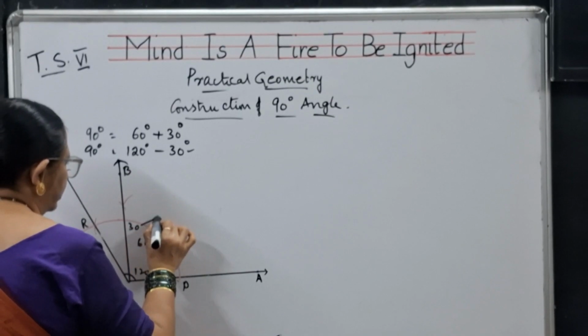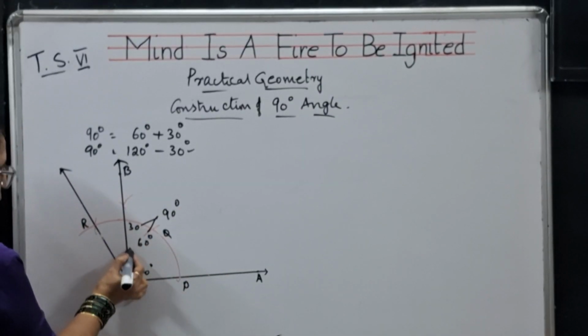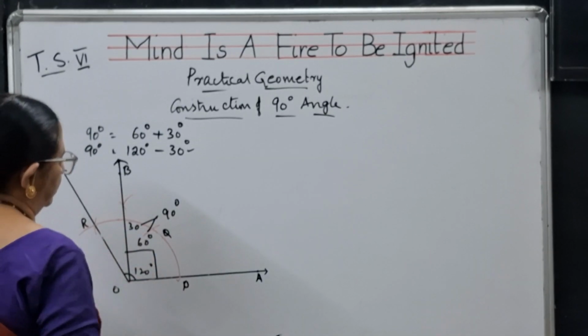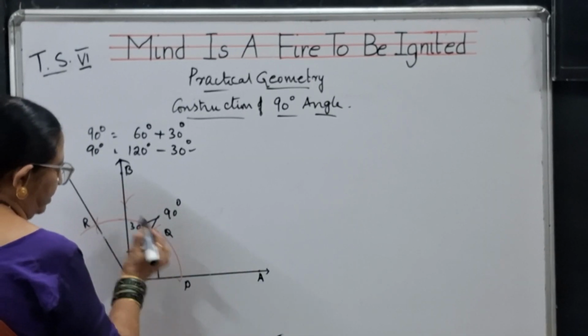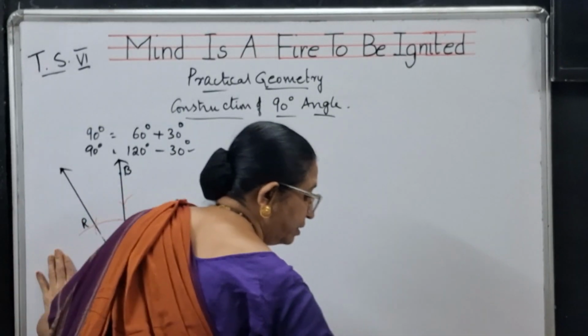Totally these two together 90 degrees. So this whole angle is 90 degrees. From here to here it is 60 degrees and this is 30 degrees. Together you are getting 90 degrees.